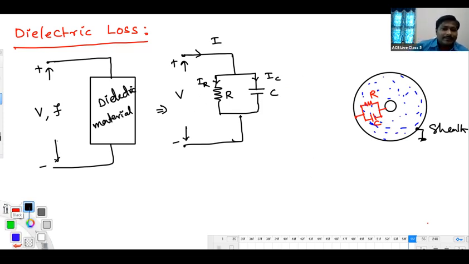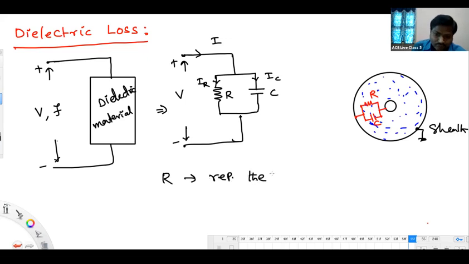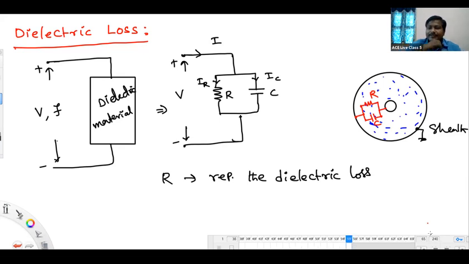Okay, next. Whatever R we are keeping in the circuit now, that itself is representing the dielectric power loss. Whether this R value is equal to the insulation resistance?